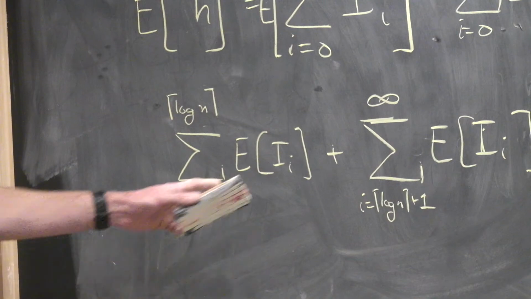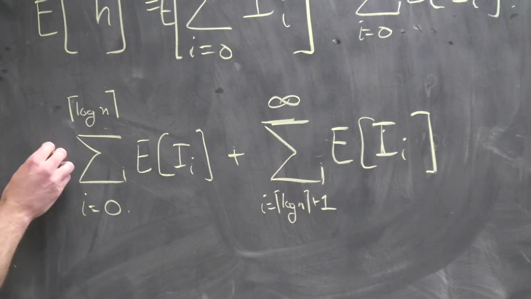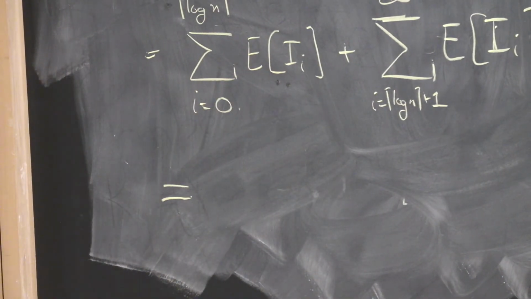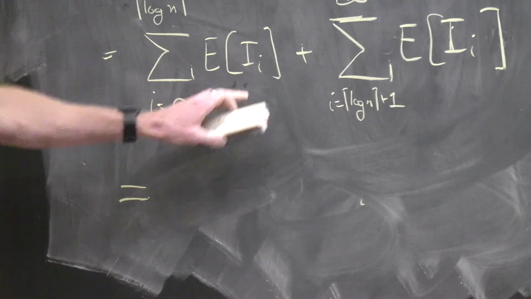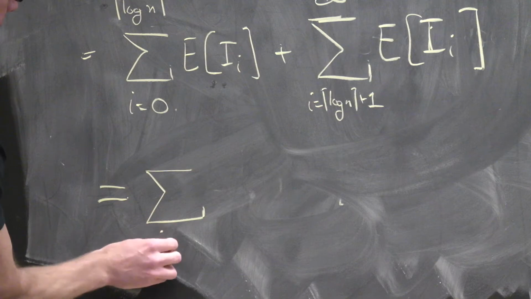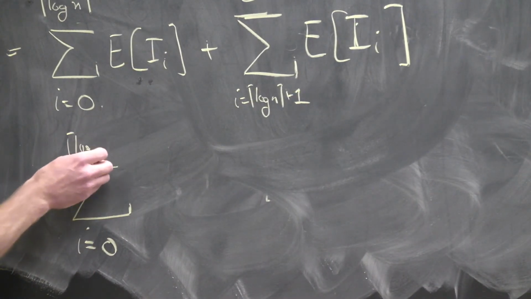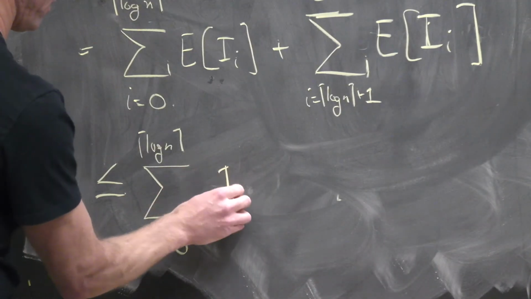And we have two inequalities for these things. So these ones, we can't say too much about them except that they're all less than or equal to 1. So let's get that out of the way right away. One.